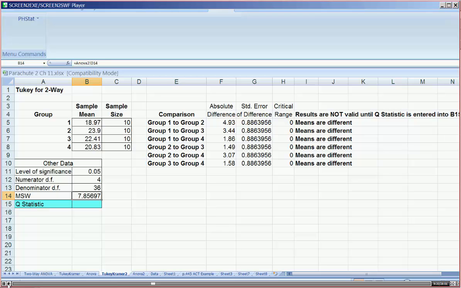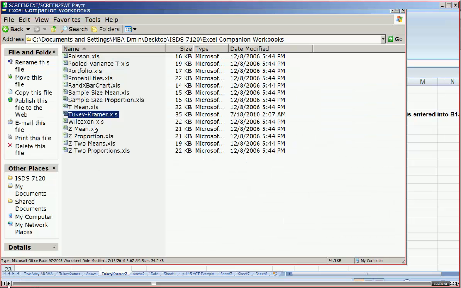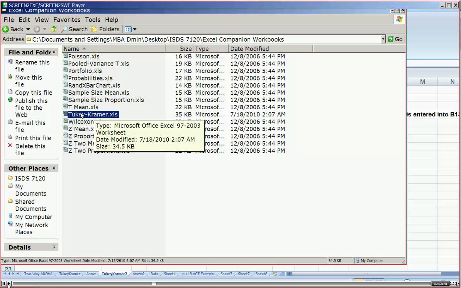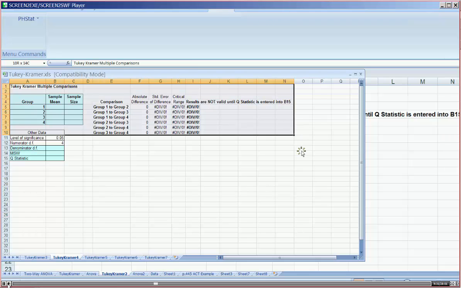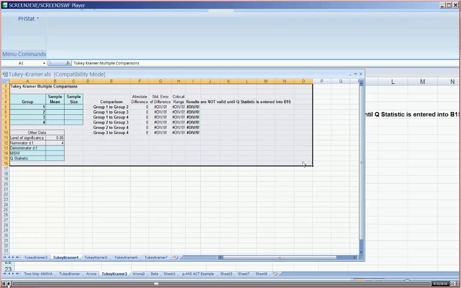So we're going to have to abandon this and go to the CD that was supplied by the authors and use their file designed for 4 levels of factor B.